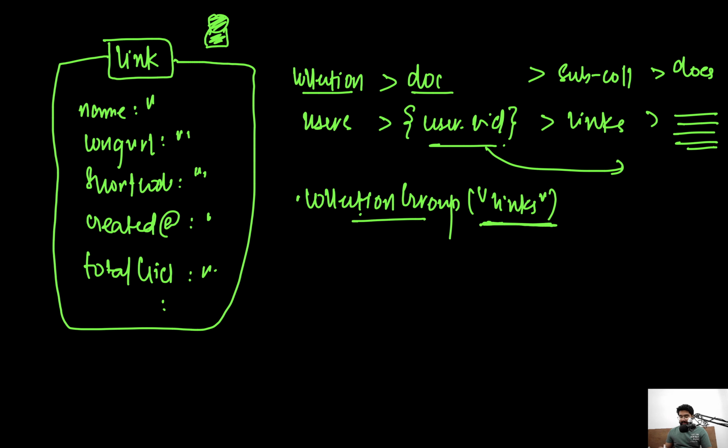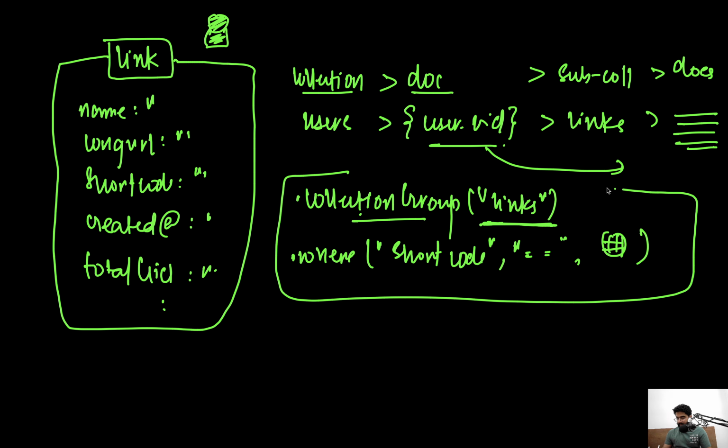We can obviously filter that by adding where checks, to get just the respective document, which I will be getting to in a second. We only want the specific document which has the short code equals to, this is Firebase Firestore specific, the link that the user is trying to visit. This is how we can do the query.